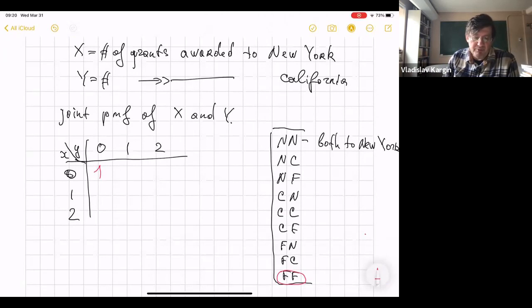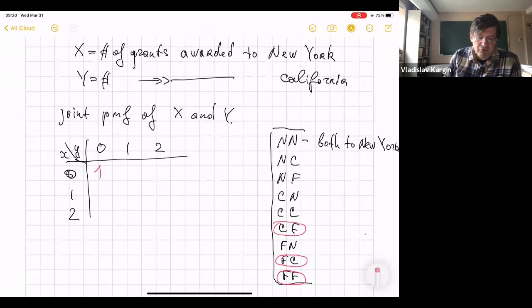Now we analyze the other similar cases. What about X equal to 0 and Y equal to 1? It means that California got 1 grant and New York got 0 grants. This can happen only in this situation, California and Florida, or Florida and California.